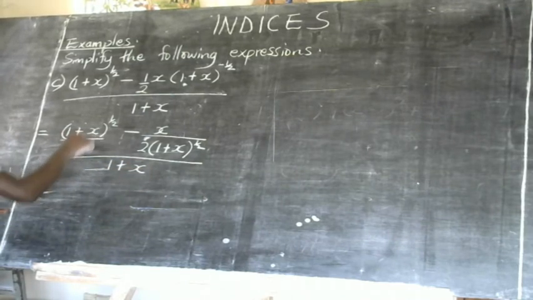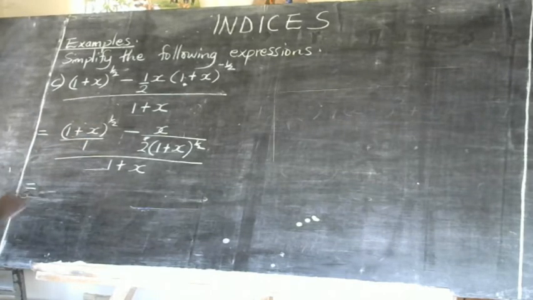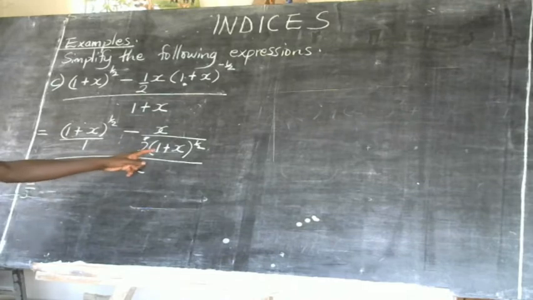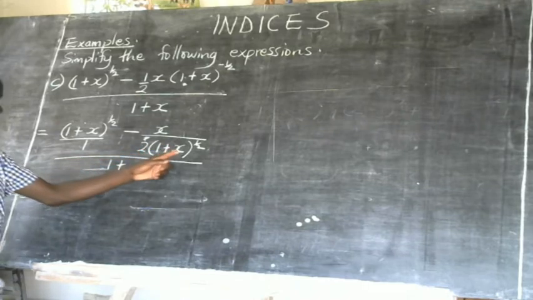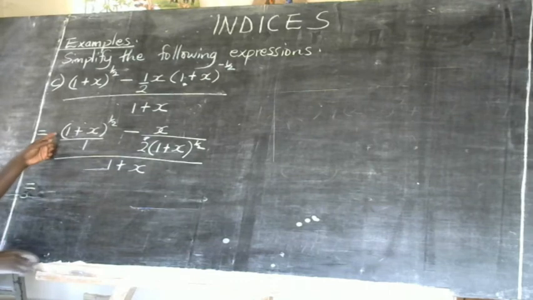The numerator now, it is also having a fraction. When you deal with that fraction in the numerator, getting the LCM here, it is 2 into x plus 1 power a half. So I need to multiply it there, also multiply it there.